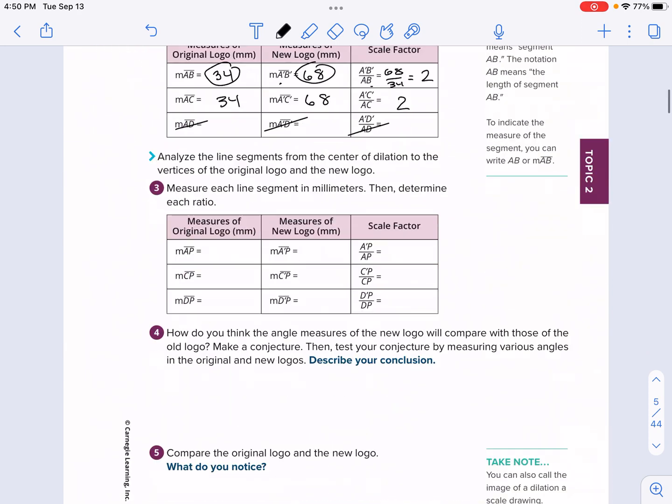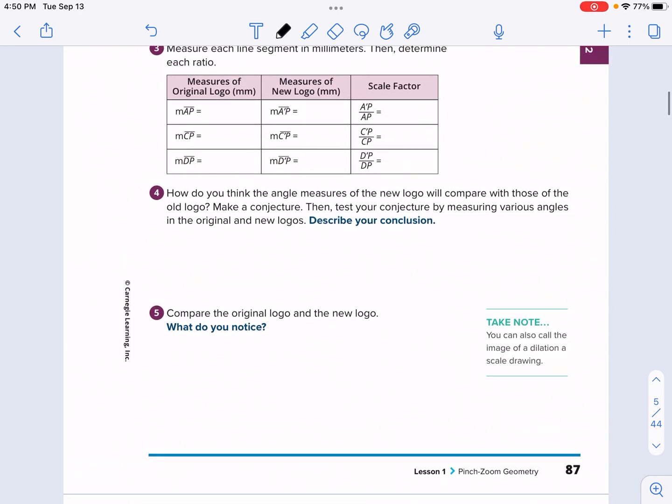So here we're going to say that angle A is equal to angle A prime. And if we were to measure using our protractor, you would get that they are 60 degrees. Same thing for angle B with angle B prime. If you were to measure that, you would get 30 degrees.